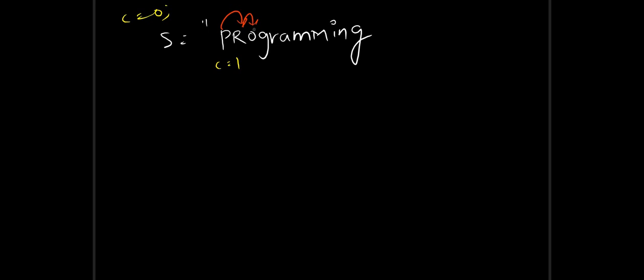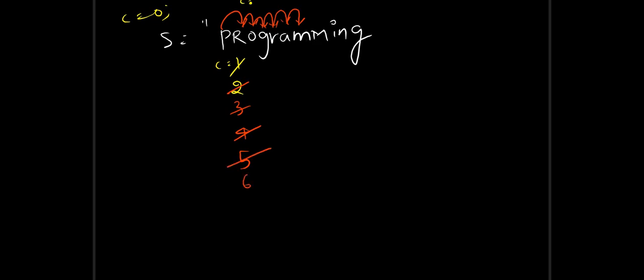R is changed to small o, then there is a change, count equals 2. And o is changed to g and count is increased to 3. g is changed to r, count is increased as 4. And r is changed to a, count is increased as 5. And a is changed to small m. That means count is increased to 6.